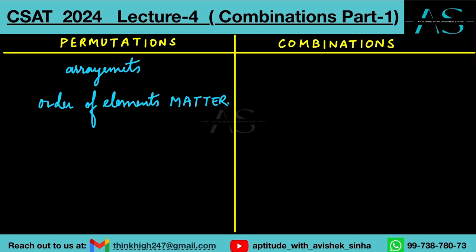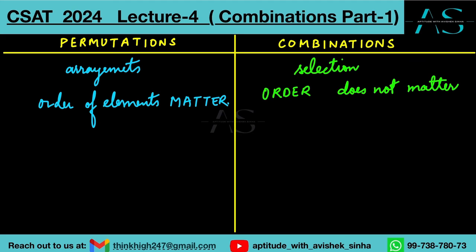Combination, on the other hand, talks about selection of elements in which the order of elements does not matter. So this is the most basic point of difference between permutations and combination. In the previous video, we have dealt with these 2 points in depth. So you can always check that.